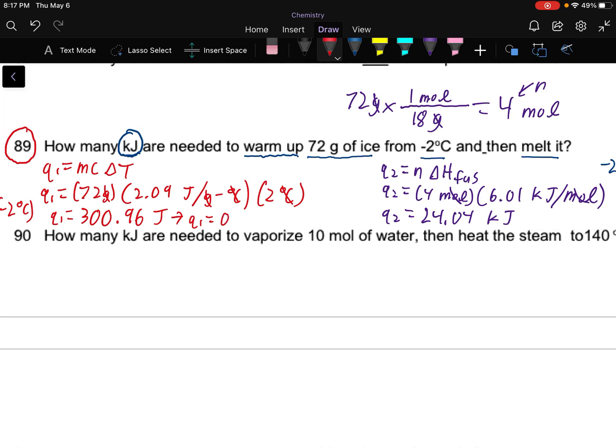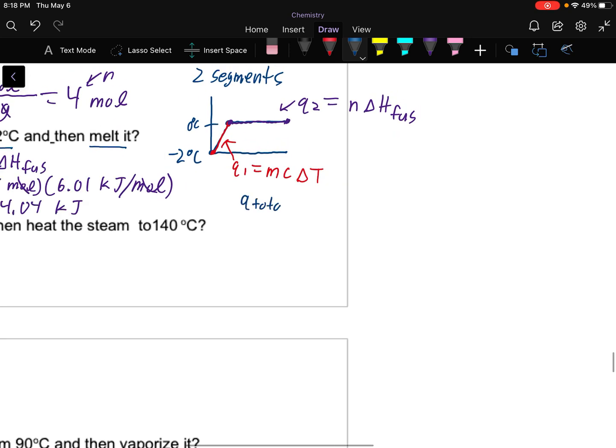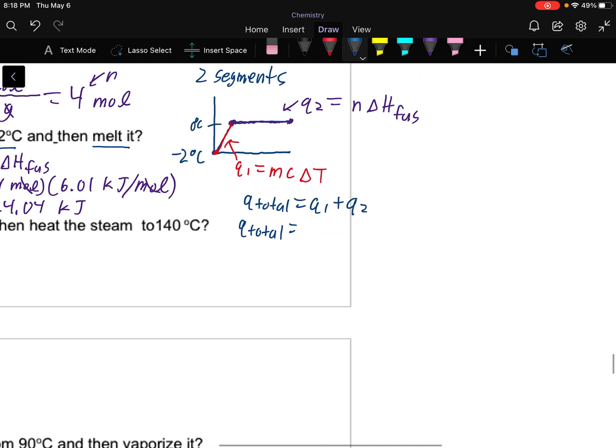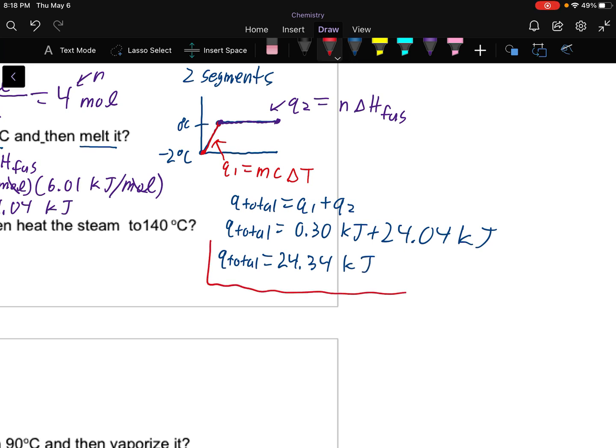So Q1 equals 0.30 kilojoules, and then Q total is calculated by Q1 plus Q2. 0.30 kilojoules plus 24.04 kilojoules, and then we get that Q total, the total amount of heat, is 24.34 kilojoules, and that is your final answer.